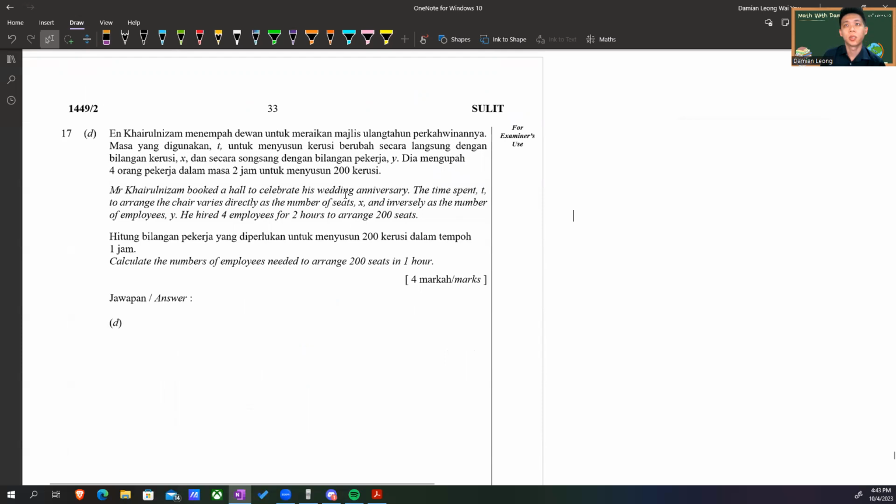You book a hall to celebrate his wedding anniversary. Time spent T to arrange the chairs varies directly as the number of seats X and inversely as the number of employees Y. Means T equals K times X over Y. So 4 employees, there's the Y, 2 hours, there's T, 200 seats, there's X. Okay.